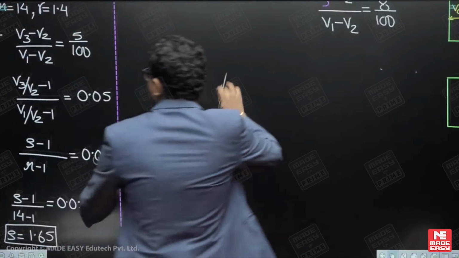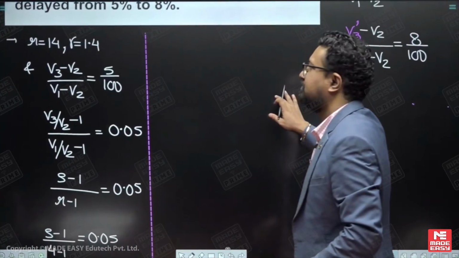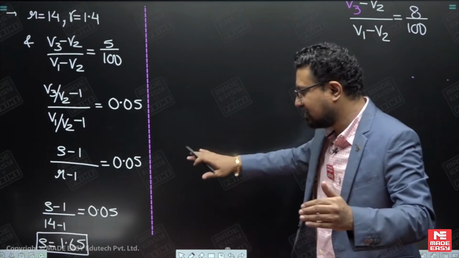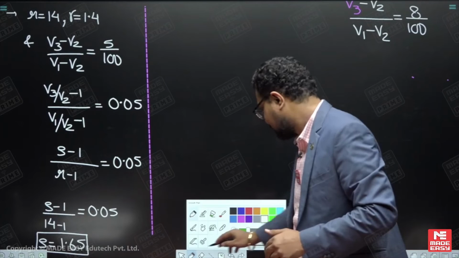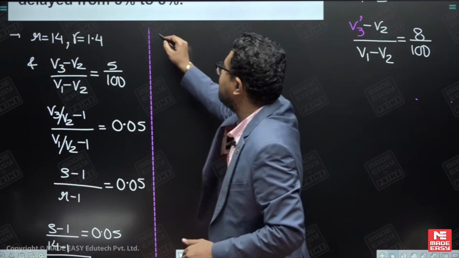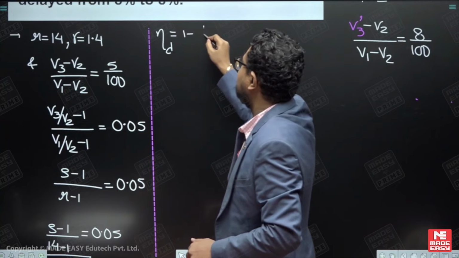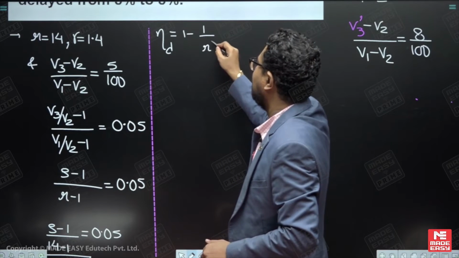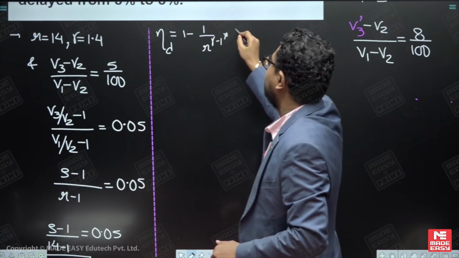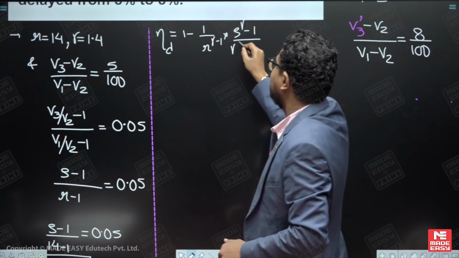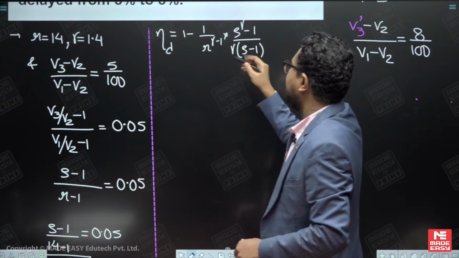Now we can find the efficiency term. Let us find the efficiency when the cutoff ratio is 1.65. The efficiency of the diesel cycle is equal to 1 minus 1 upon R to the power gamma minus 1, into (rho to the power gamma minus 1) upon gamma into (rho minus 1). So let me keep these values.